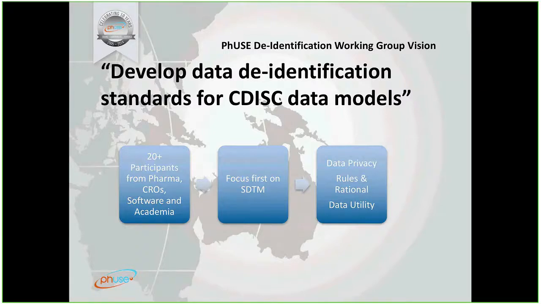We gathered more than 20 participants at the time across the industry. We started to focus on SDTM, and we looked at data privacy, meaning what are the quasi-indirect identifiers in the data, what rules and rationale to apply to identify them, and finally try to assess the impact on data utility that those rules will entail.